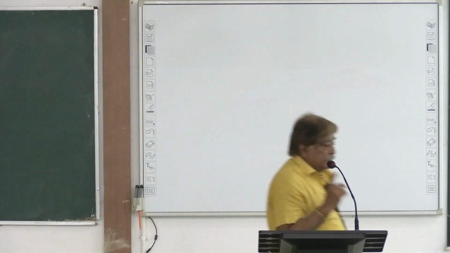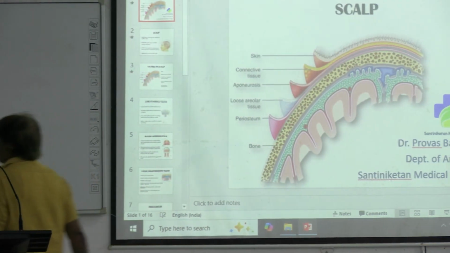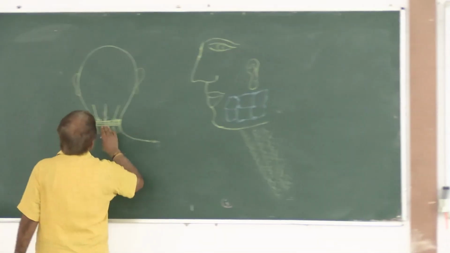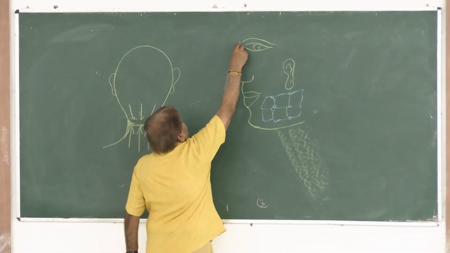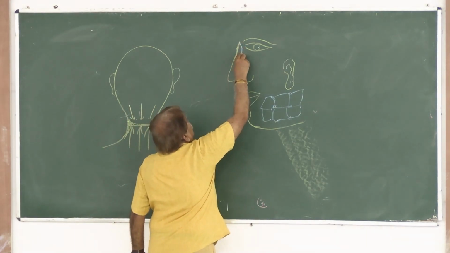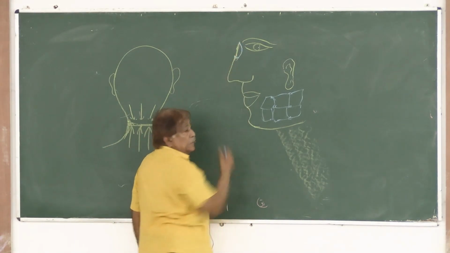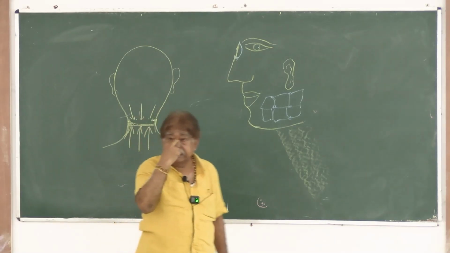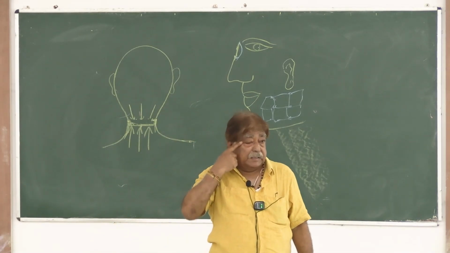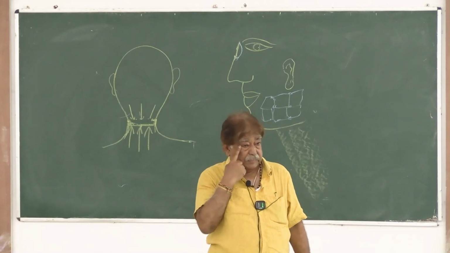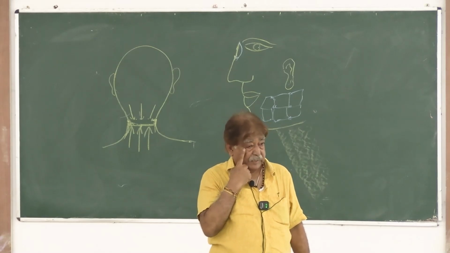So, the operation Professor Jackson did is, now the lady's bridge of the nose was like this. It went inside. The zygomatic bone was fractured and went like this.